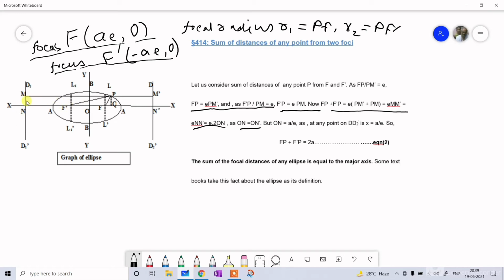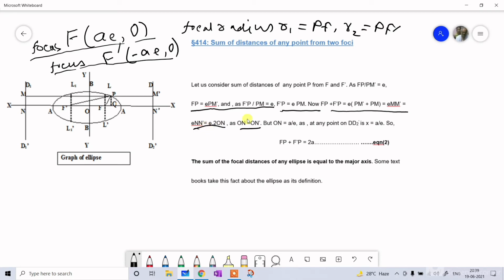Let us call FP as R1, the focal radius 1, the distance of any point P from focus 1, and R2 is F'P, the distance of the point P from the second focus.